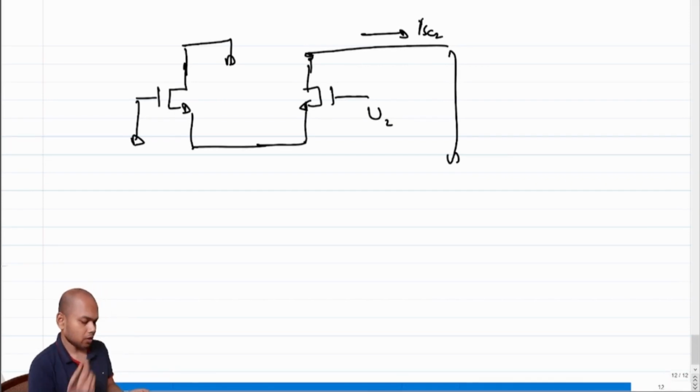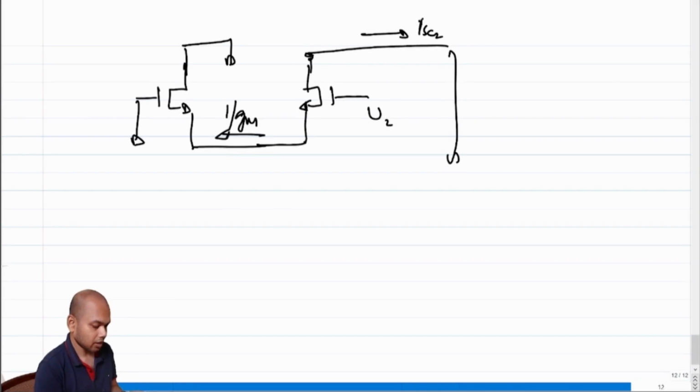Same old, so what is the impedance now looking this side? This is 1 by GM1. If that is the impedance looking that side, 1 by GM1, what is the current? This is GM1, this is GM2.